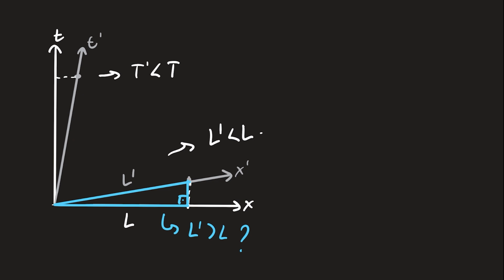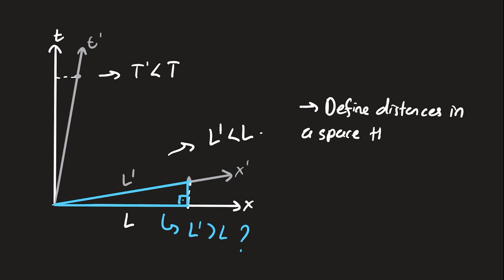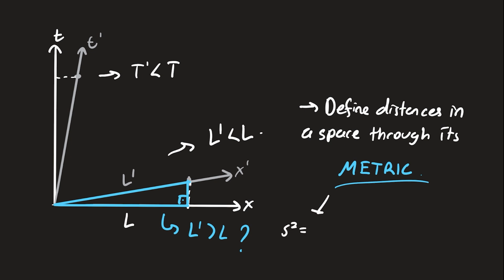We have to ask the question, how do we define a distance in a mathematical space? Well, it turns out that it is done through a structure called a metric. What is a metric? Well, very roughly speaking, on our usual Euclidean geometry, we can think of the metric as the Pythagorean theorem.